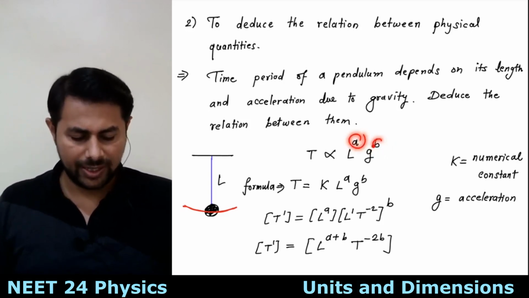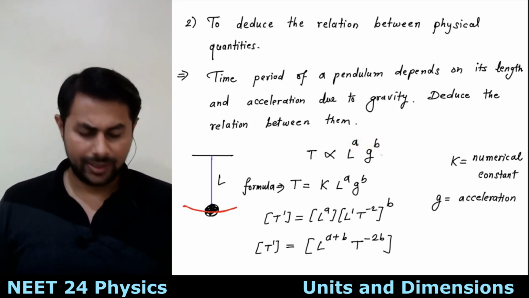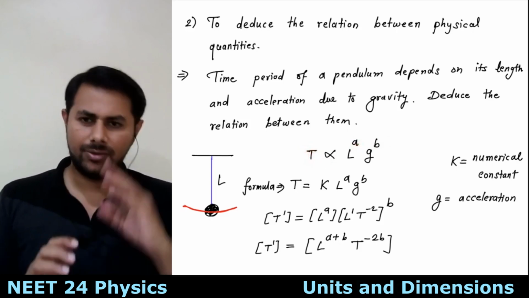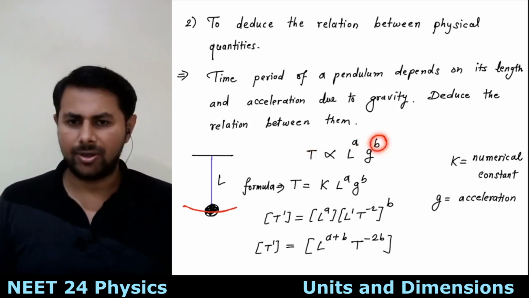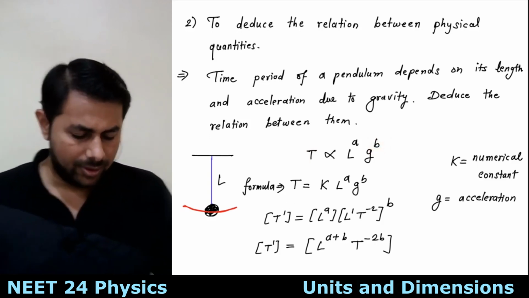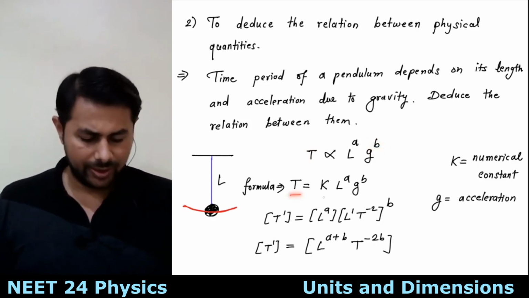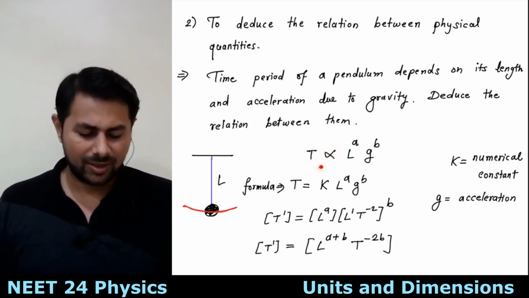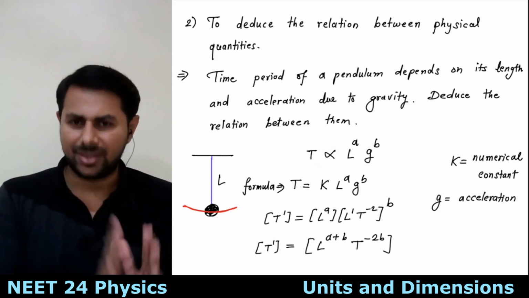So we put a and b, which are unknown. So we say T depends upon length to the power a and g to the power b. Therefore T is equal to some constant. Whenever we drop the proportionality sign and put an equality sign, a constant will enter.